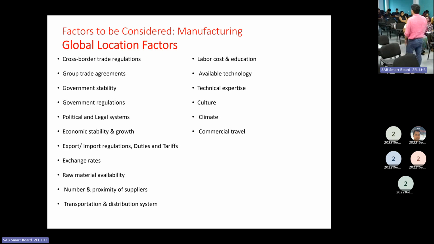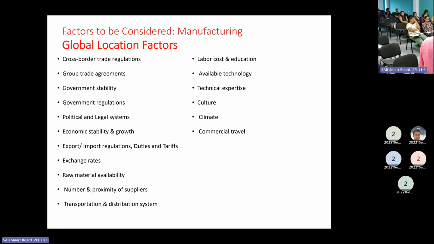It comprises items that multinational companies compare. For each region of the world, how the attractiveness of the region can be evaluated based on some of these global location factors, right?